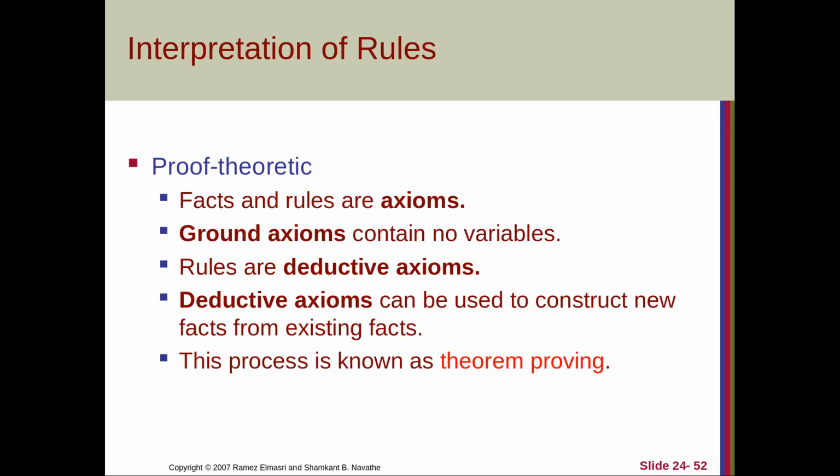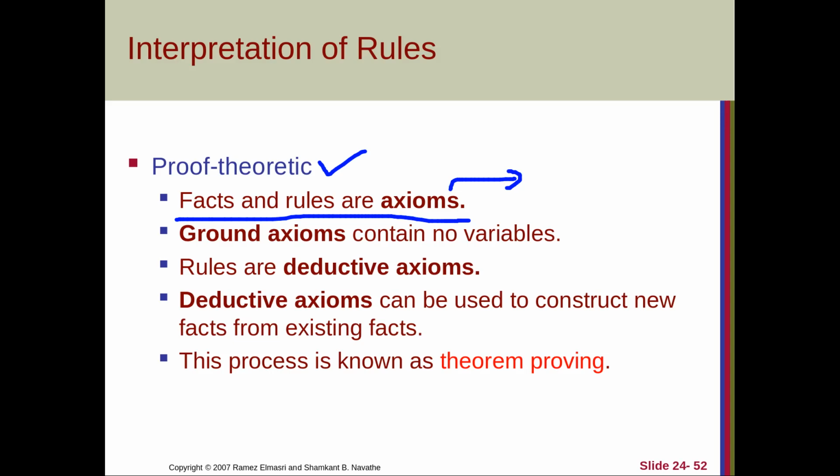Now in proof theoretic, the facts and rules are axioms. They are actually conditions. That means different predicates, basic predicates only, statements with a true or false answer. It consists of only such type of axiom.